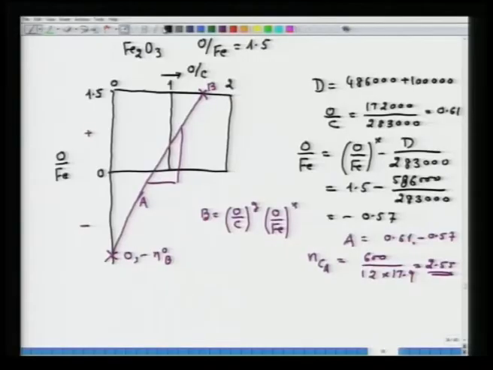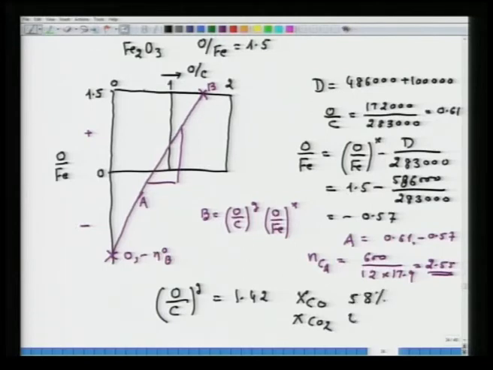Now, in this particular problem, the value of B, the O by Cg, accidentally comes to 1.42 if you plot properly, and from this one can calculate XCO and XCO2. That will be around 58% and 42%.